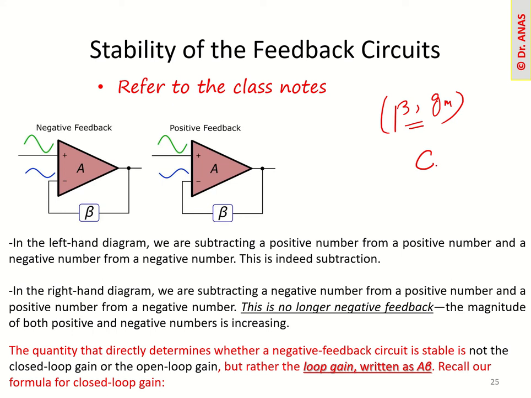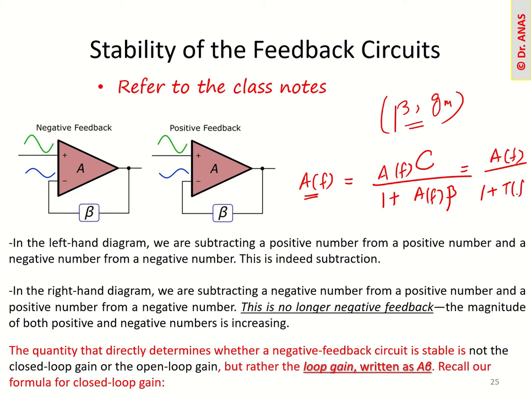So your closed loop transfer function is a frequency dependent parameter, which we can write as 1 plus T of f. So the loop gain depends on frequency.